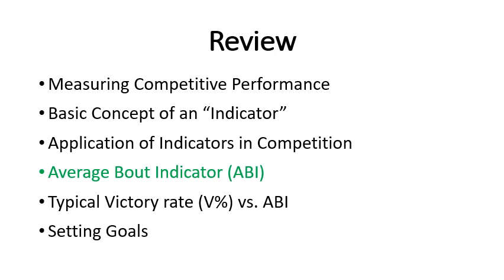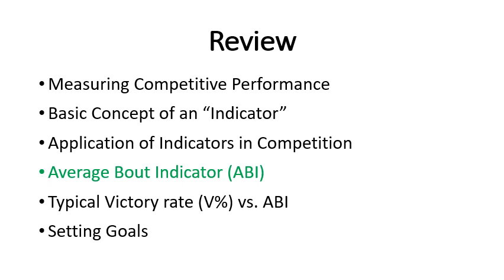In this presentation, we've talked about the importance of measuring competitive performance, and we've introduced the basic concept of an indicator, a statistic that's widely used in the fencing world. We've examined how the indicator is used in fencing competition, and we've introduced the concept of the average bout indicator, a statistic that can be derived from any of the more common indicator results, and that is particularly useful for setting goals and comparing performance from one competition to the next.